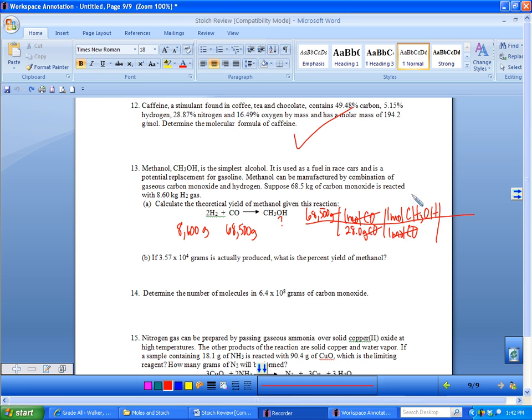And then I'm going to say that 1 mole of CH3OH is 12.0 plus 16.0 plus 4.0. That's 32.0 grams of CH3OH for every 1 mole of CH3OH. So those are going to cancel. And I'm going to multiply across 68,500 times 32 divided by 28.